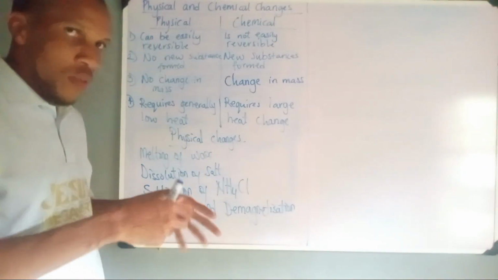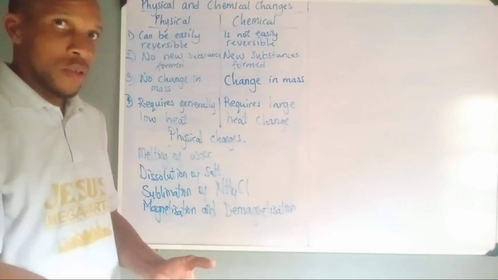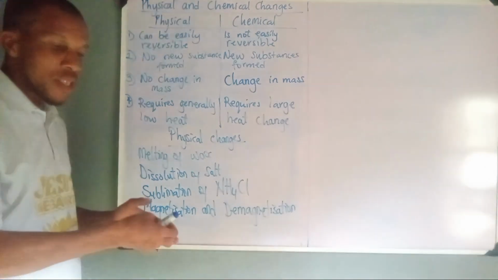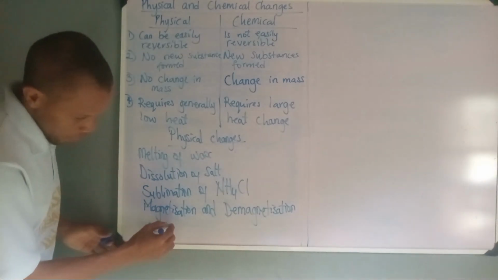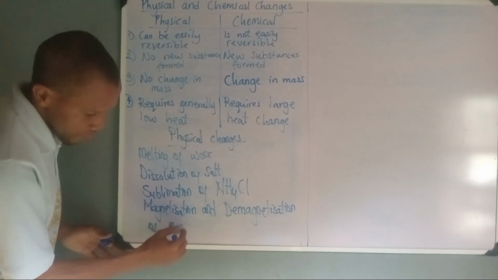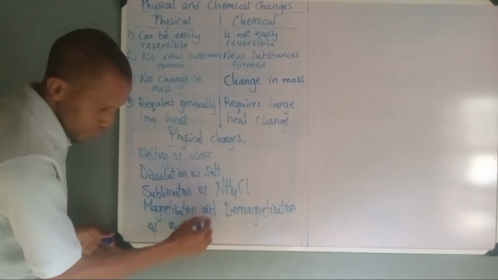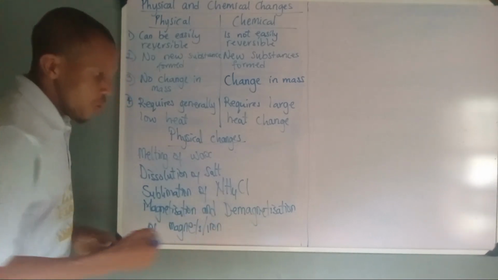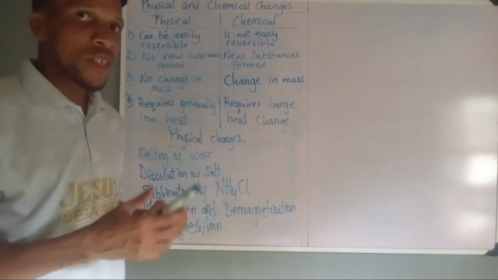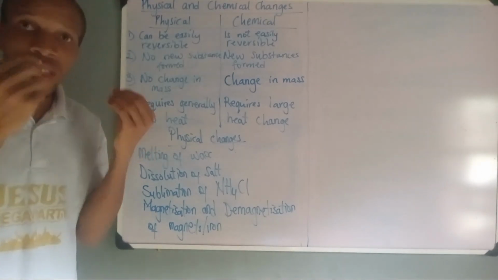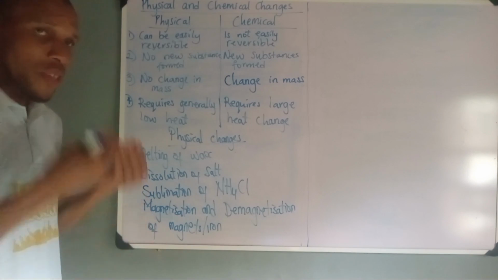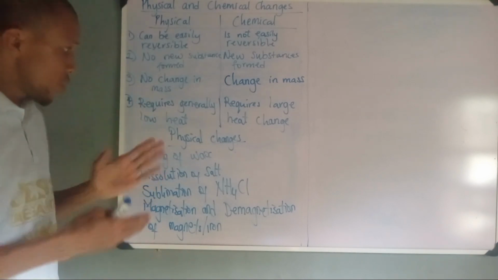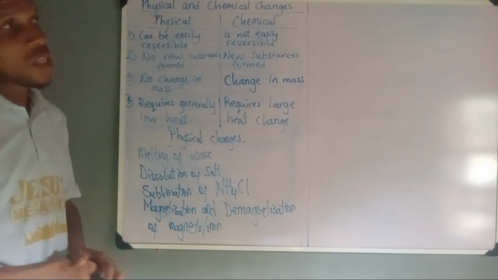The identity of the iron didn't change. So these are some of the examples of physical changes. The identity of the substance didn't change. It might change shape, it might change state, but it doesn't change its identity.